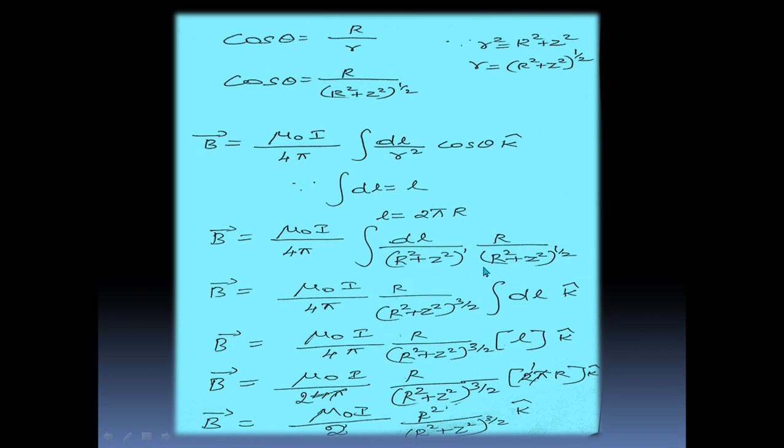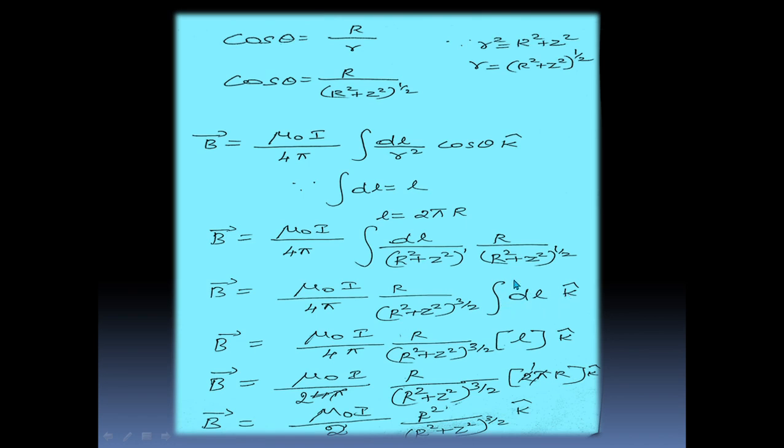The next step is B vector is equal to mu naught I divided by 4 pi, r divided by r square plus z square the whole power 1 by 2, because the bases are equal, the powers should be added. Power 1 plus 1 by 2 is nothing but 3 by 2. So r divided by r square plus z square the whole power 3 by 2, integration of dl into k.